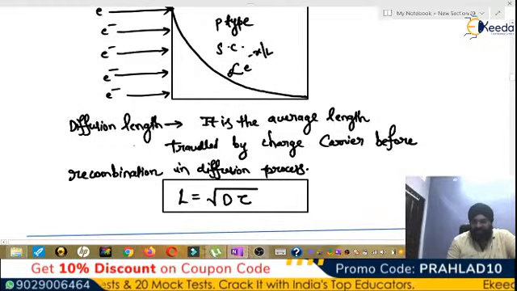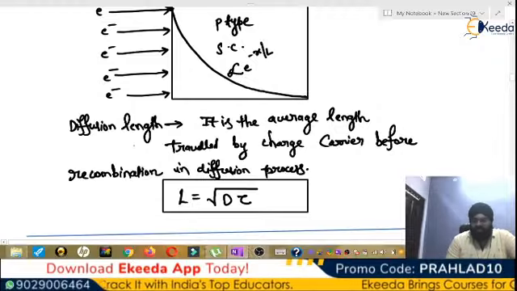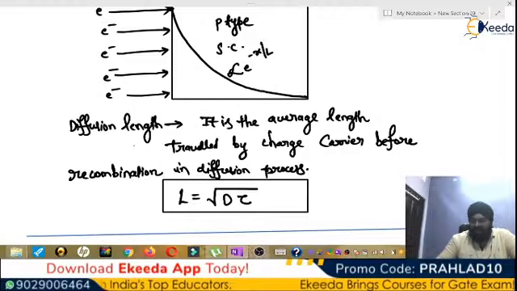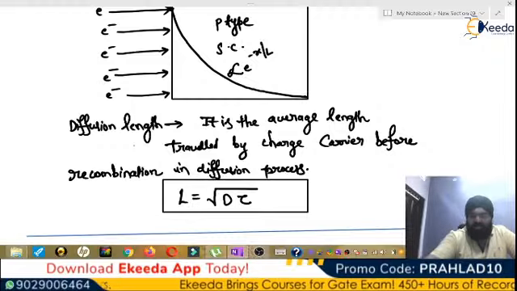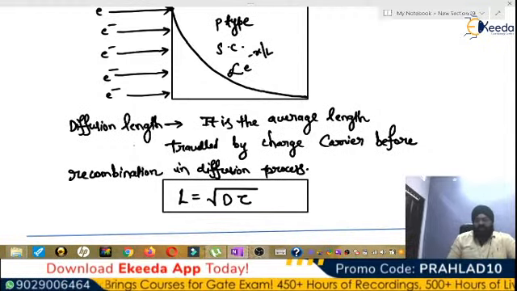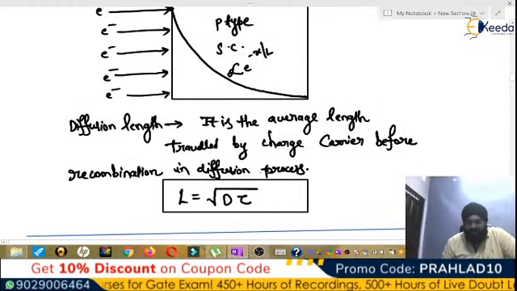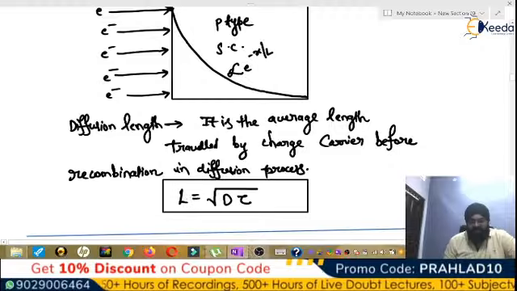And when the recombination takes place, the charge carrier will again not behave as a free charge carrier. So before the recombination, the average length traveled by any charge carrier is called diffusion length, and the diffusion length is under root of D into tau.